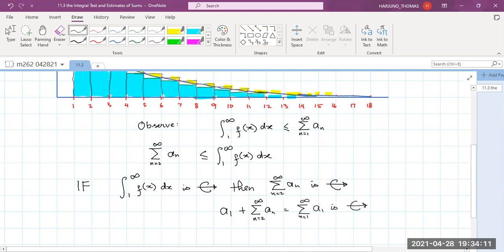You just add one term, it will not change the convergence, with the assumption that the first term is finite. So from here, we draw a conclusion. If the integral is convergent, then the summation is convergent. Agree?